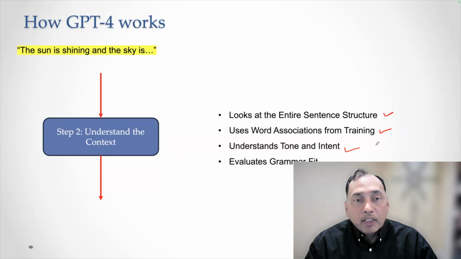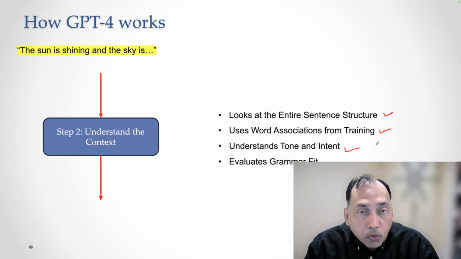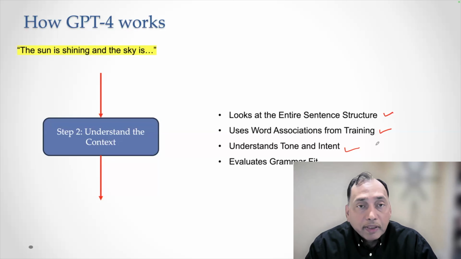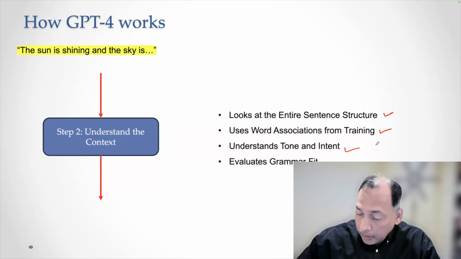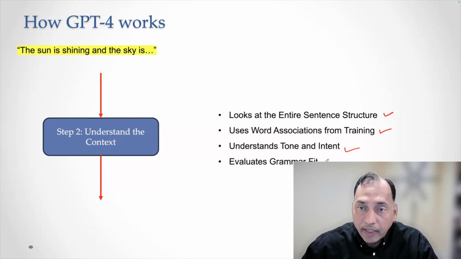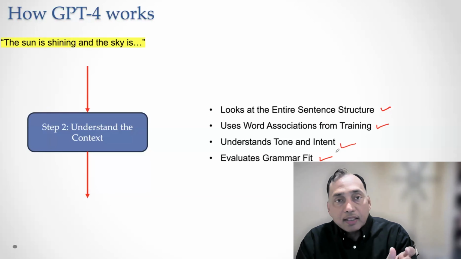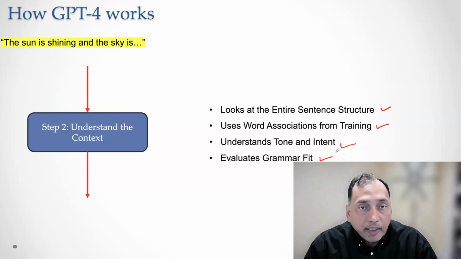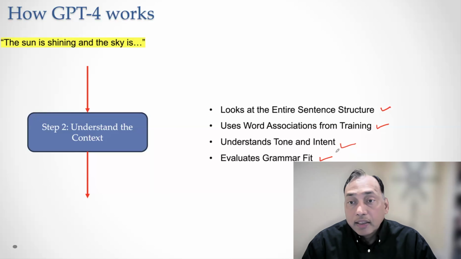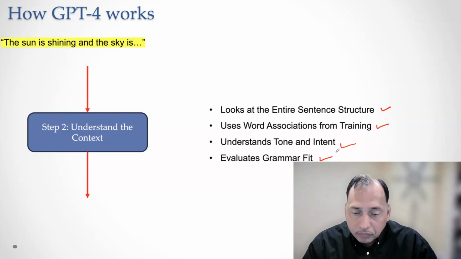So instead of that, it will try to focus on those words that are positive and have a natural kind of tone. And it also evaluates grammar fit. In the background, it is also looking at the grammar. It sees that after "the sky is", it next needs some kind of adjective, and it doesn't need a noun or a verb.